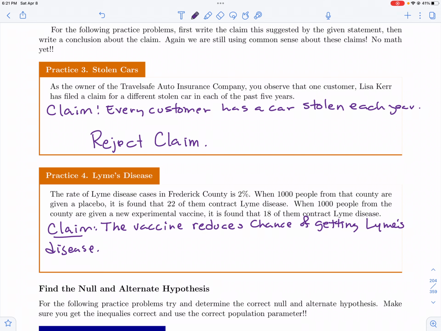If we look at the actual numbers in this case, the placebo was about 22 out of 1,000, which is about 2.2%. And if we look at the vaccine people, we had 18 out of 1,000, which is going to be 1.8%.